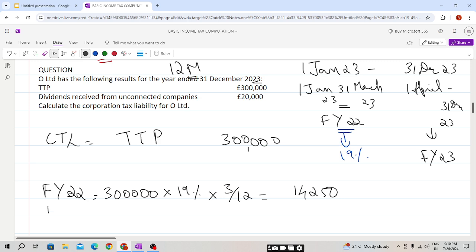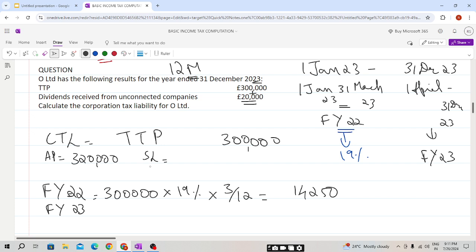But now coming to the case of finance year 23. For the finance year we have the statutory limits and augmented profit. The augmented profit will be TTP plus 20,000, so it will be 320,000 pounds. And the statutory limits will be divided if we have a short accounting period. But here students, our accounting period is not short, it is for the whole 12 months.